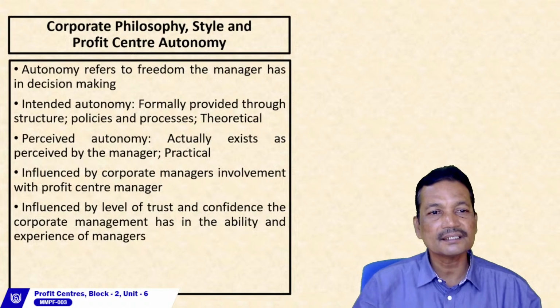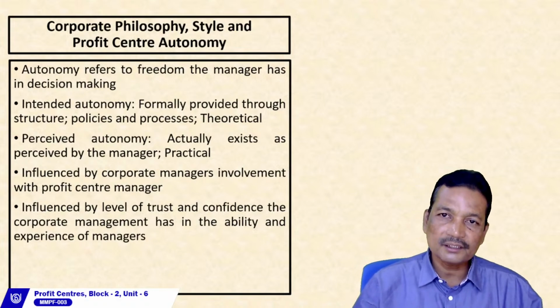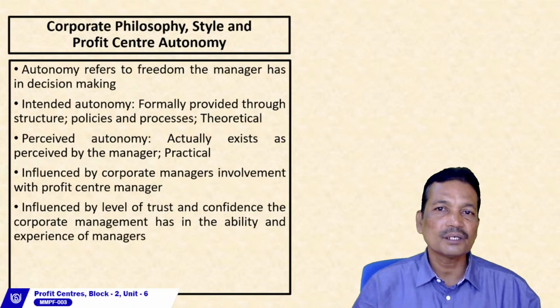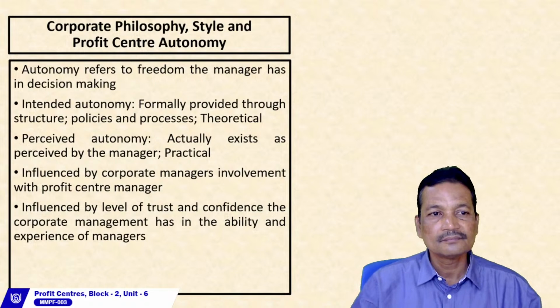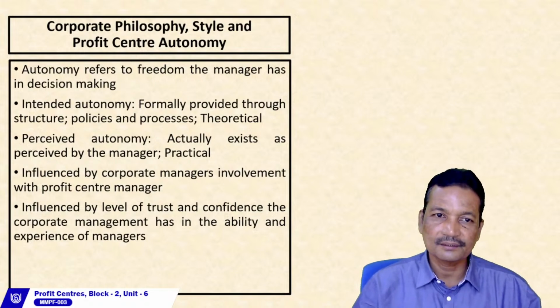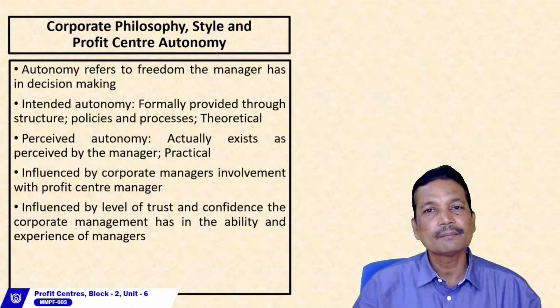The manager is given the decision making authority in terms of choosing the supply as well as choosing the markets where the items can be sold. Now here we can have two types of autonomies. One is intended autonomy, another is perceived autonomy.